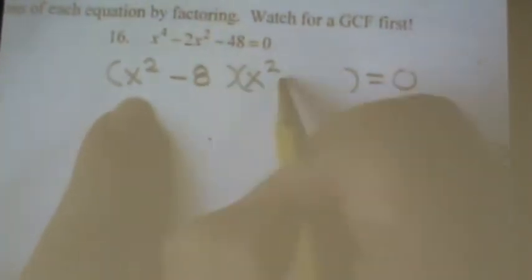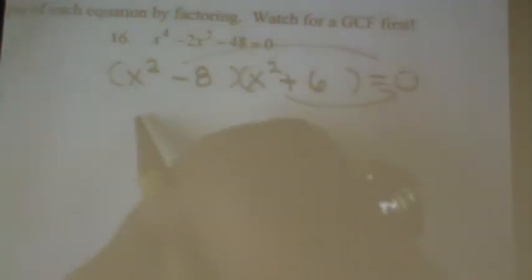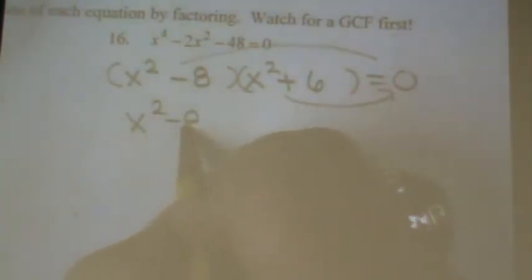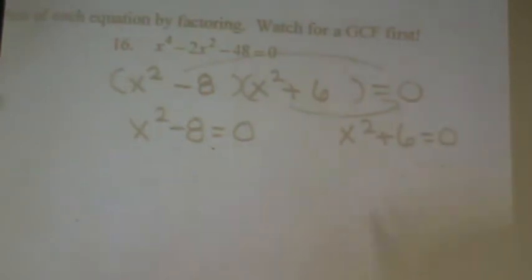Good job. These 2, everybody check this out, multiply to give you -48 and they add to be -2. So now all you do is set each of these equal to 0. Set this equal to 0 and x squared plus 6 equal to 0.